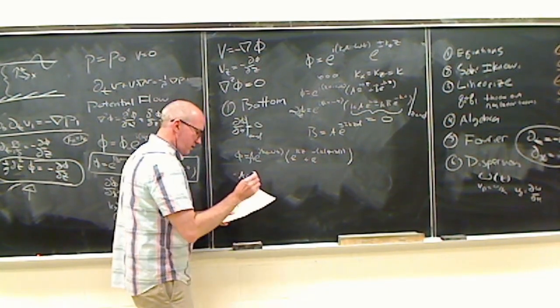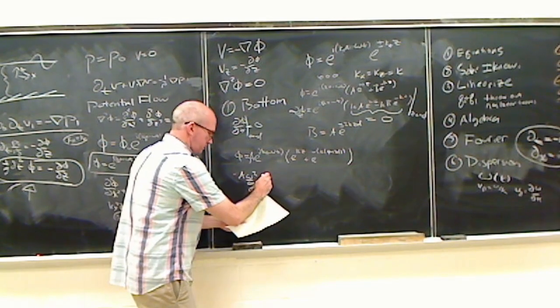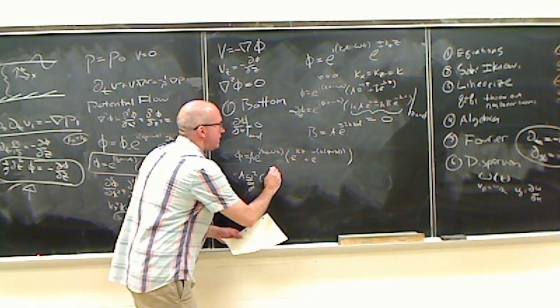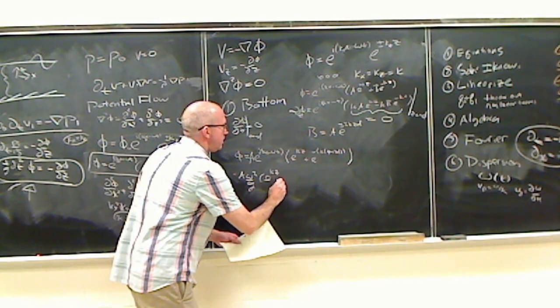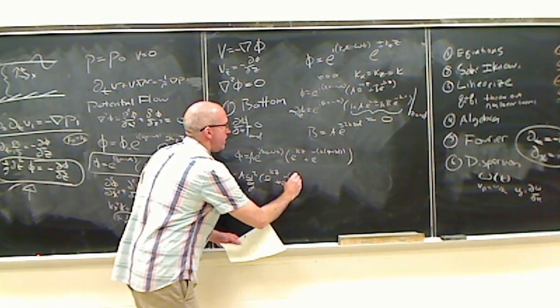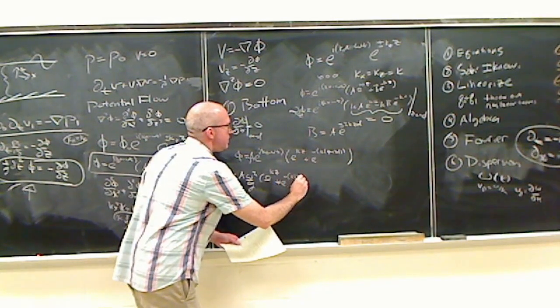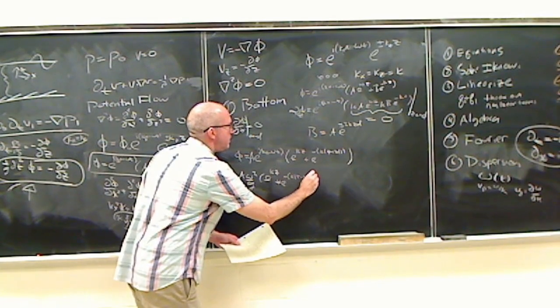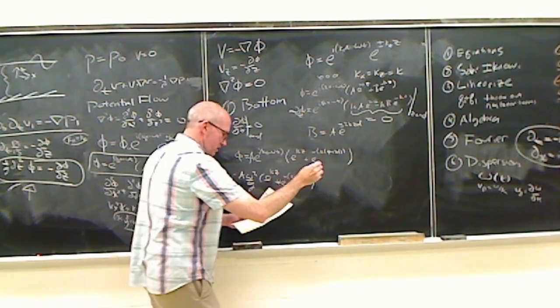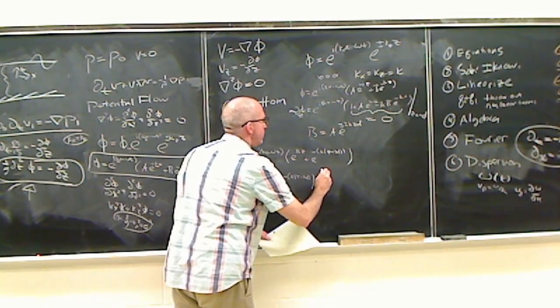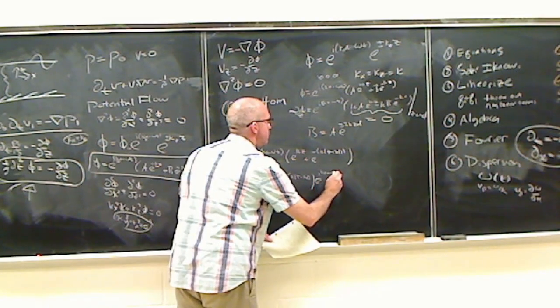And really, you get a minus sign there, times e to the kz plus e to the minus k(z plus 2d), times e to the i(kx minus omega t).